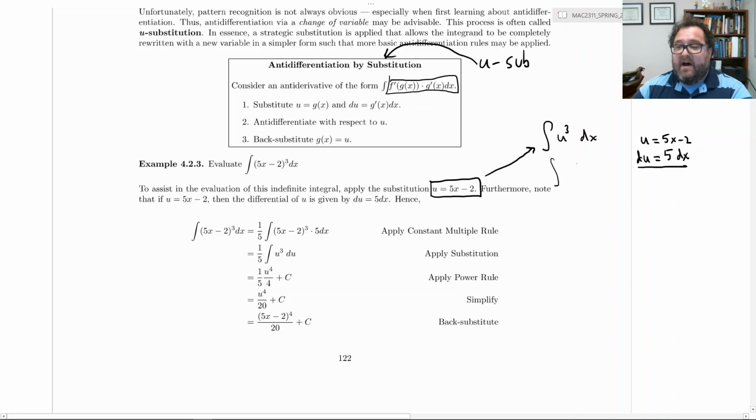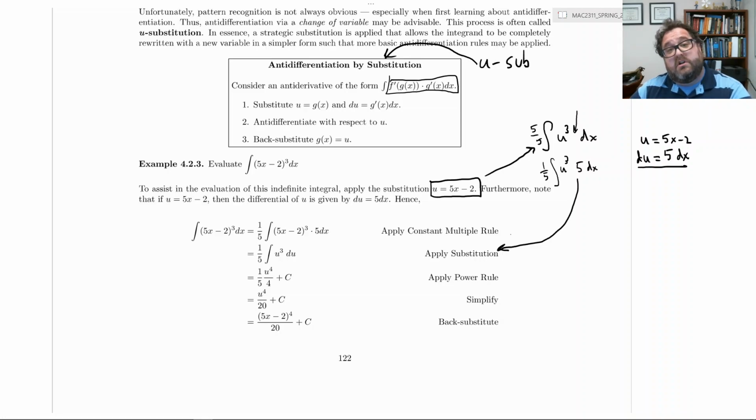I need a 5 right there. So what if I multiply by 5 over 5, and then I pull in the 5 that I need, and now I know that 5 dx equals du. And that's where, on the next line, I have completely changed over my variables to u. I have an integrand in terms of u, and I have my variable of integration in terms of u.